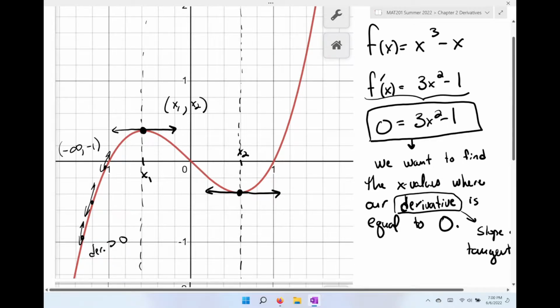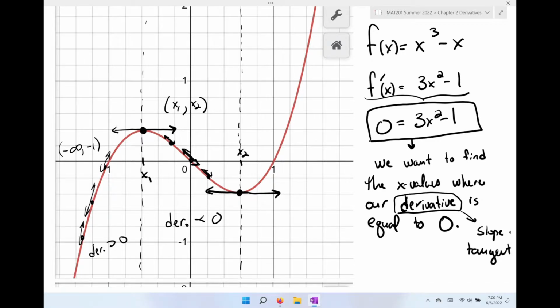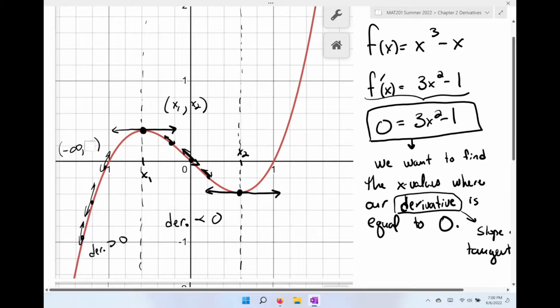Notice that all the slopes of my tangent lines here, I draw one there, one there, I can even draw one there, are all negative. In other words, your derivative is less than 0. And oh, why did I write -1 over here? This should be x1. I'm really sorry about that.